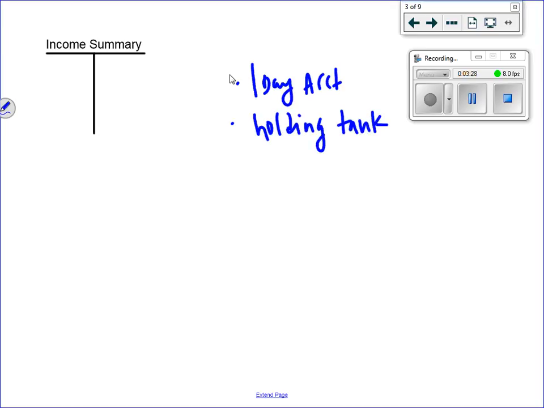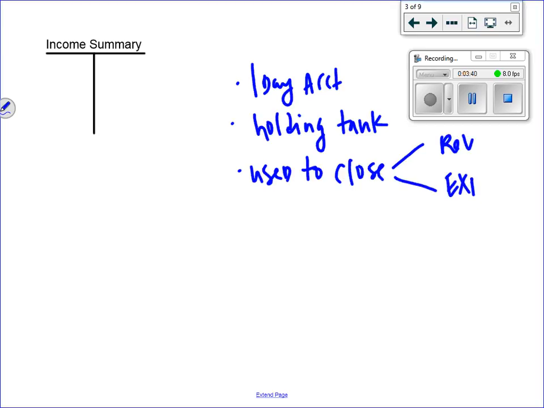It's just the Mars version of it. And it's used to close revenue and expenses. Its kissing cousin, actually its identical twin really, is the income statement columns of the worksheet.